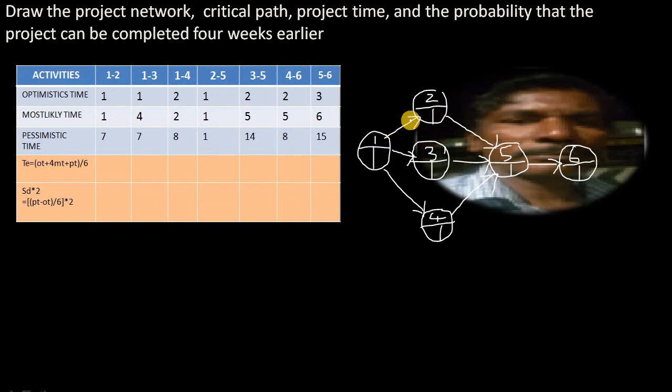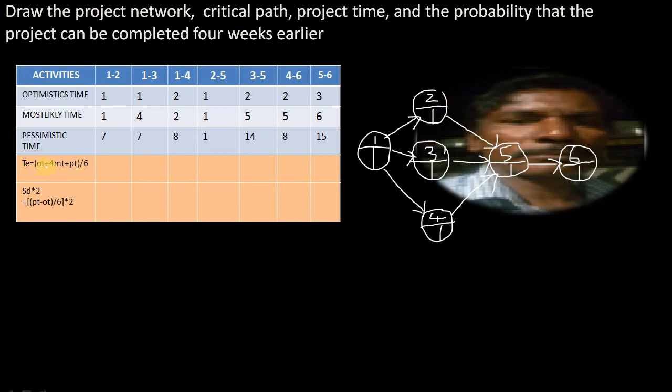To get the one time, we use this particular formula for the expected time of each activity, from the first activity 1 to 2 to the last activity 5 to 6. Expected time equals optimistic time plus 4 times most likely time plus pessimistic time, divided by 6.